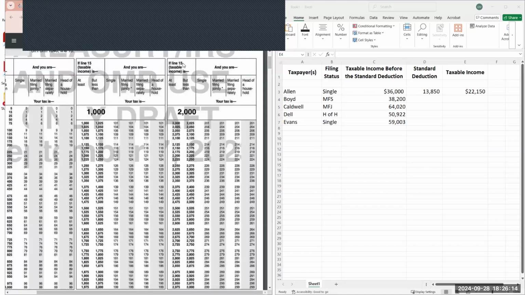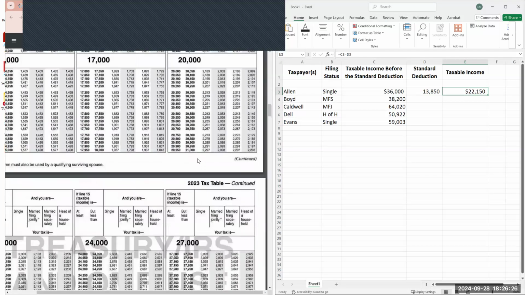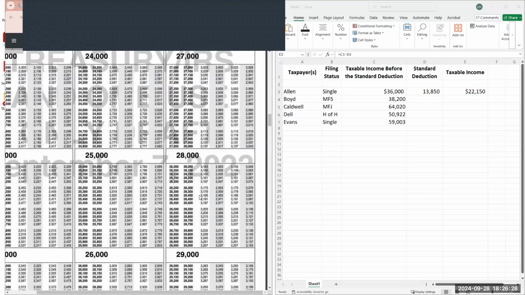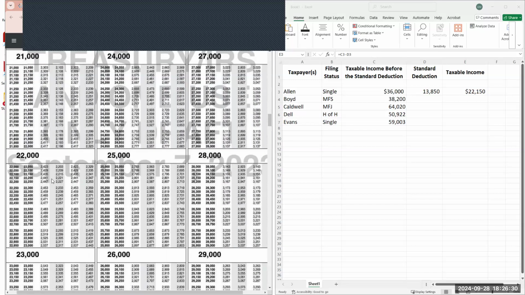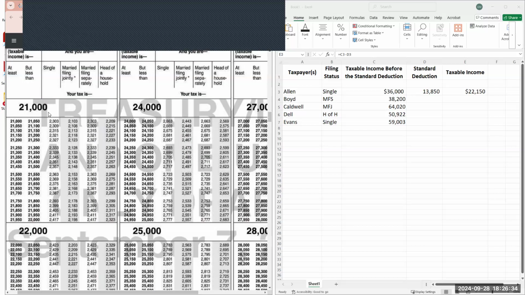And then we see that it says if taxable income is at least but less than, and you are, your tax is. So his taxable income is 22,000. So we scroll down, we need to get to the 22,000 section. All right, here we are. So for Alan, we see that the first column is a single individual.